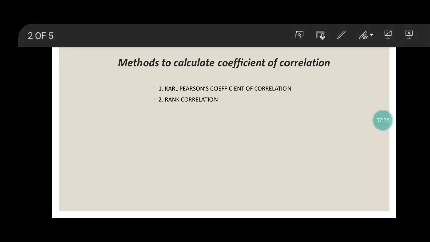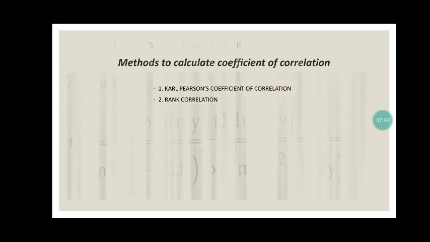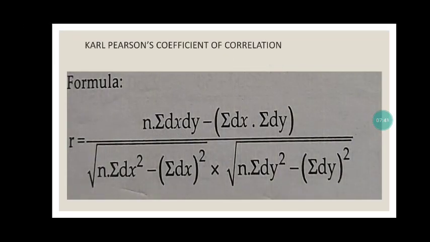So when we talk about Karl Pearson's coefficient of correlation, let's see the formula that we have to apply. So what is the formula?